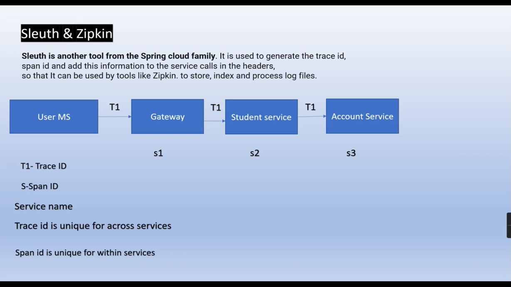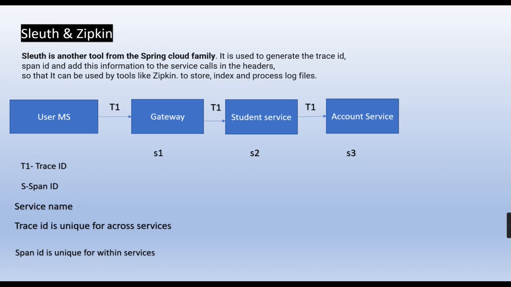But the trace ID, span ID, and service name displayed in the console are somewhat easy for the developers developing the application. The external world also wants to see, because in a project external stakeholders are also involved, and they want to see which service is exactly failing. For that, Zipkin is providing one UI dashboard.